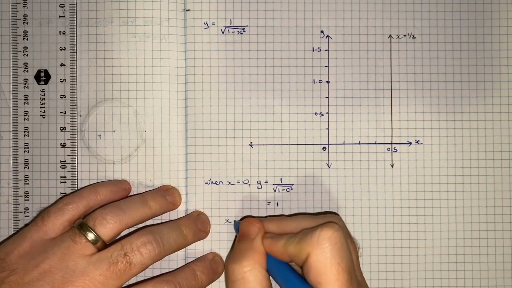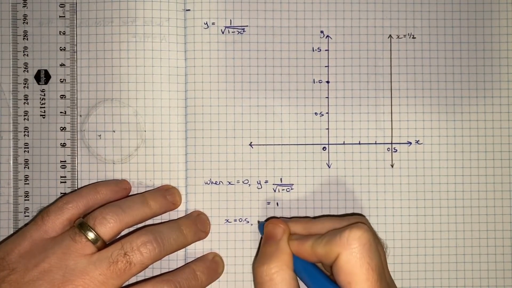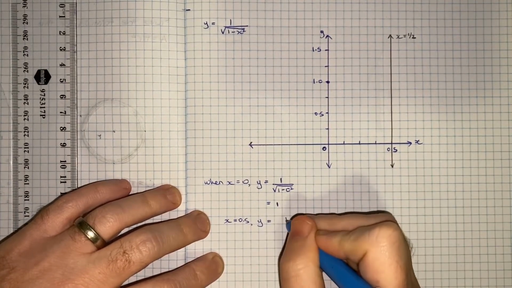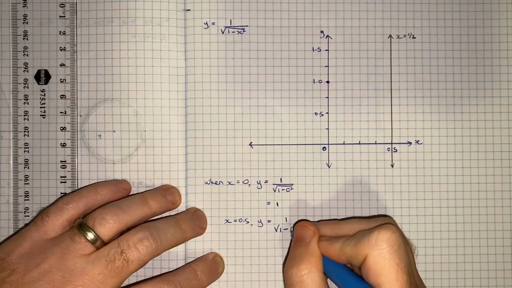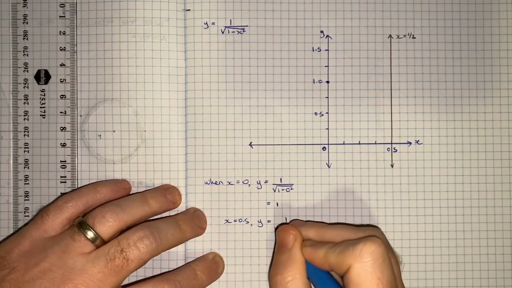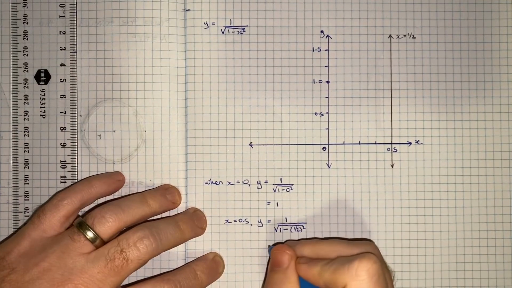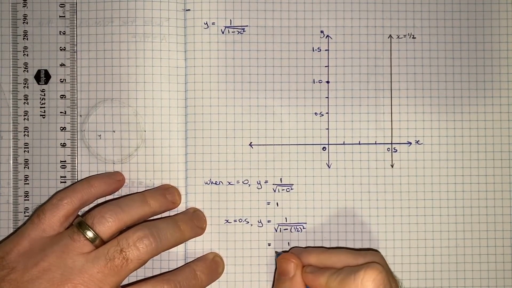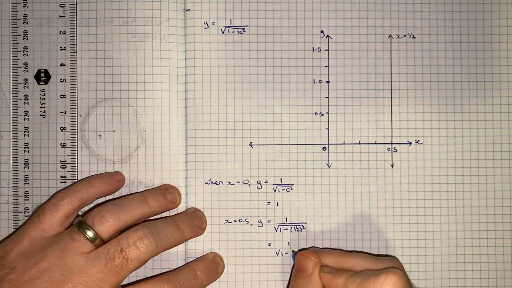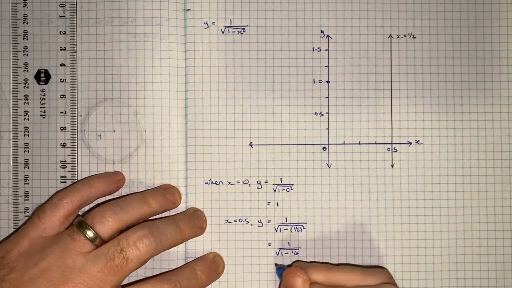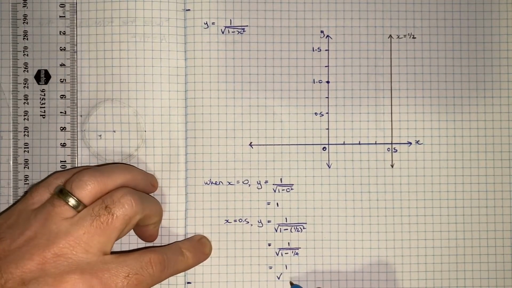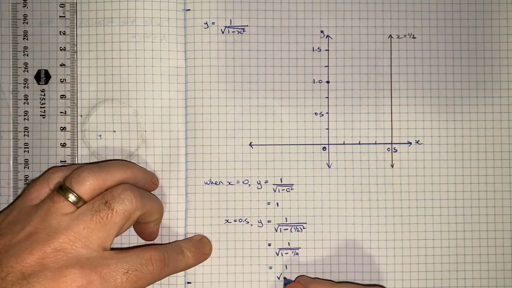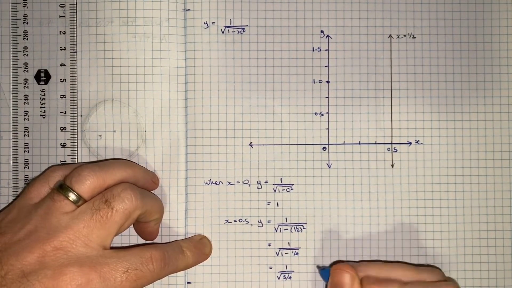So when x is equal to a half, y would be 1 on the square root of 1 minus a half squared, and maybe I'll just write that as a half, the fraction, because we can simplify that as 1 on the square root of 1 minus 1 on 4, and so that's 1 on the square root of 3 on 4, and then I might just keep going this way just because I'm running out of space.